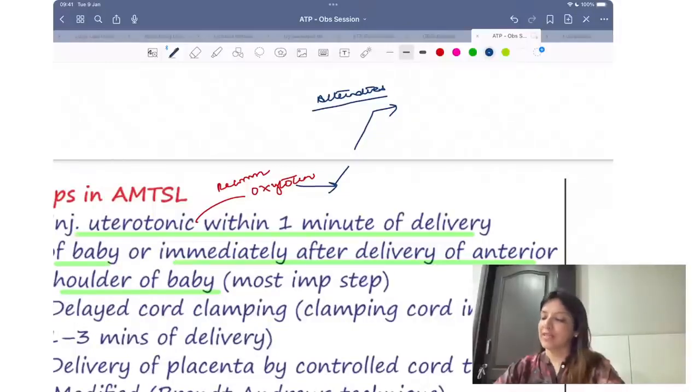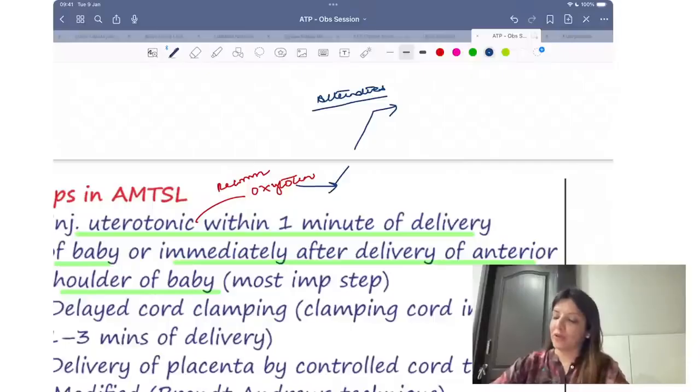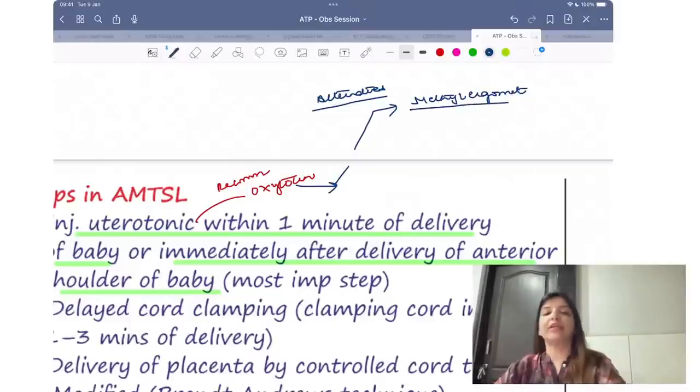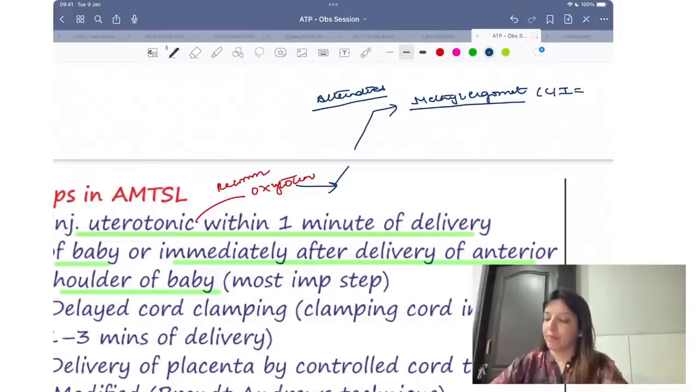Methyl ergometrin, very good. Now tell me, methyl ergometrin, can it be given to hypertensive patients or not? Please remember, it is contraindicated in patients with high BP.